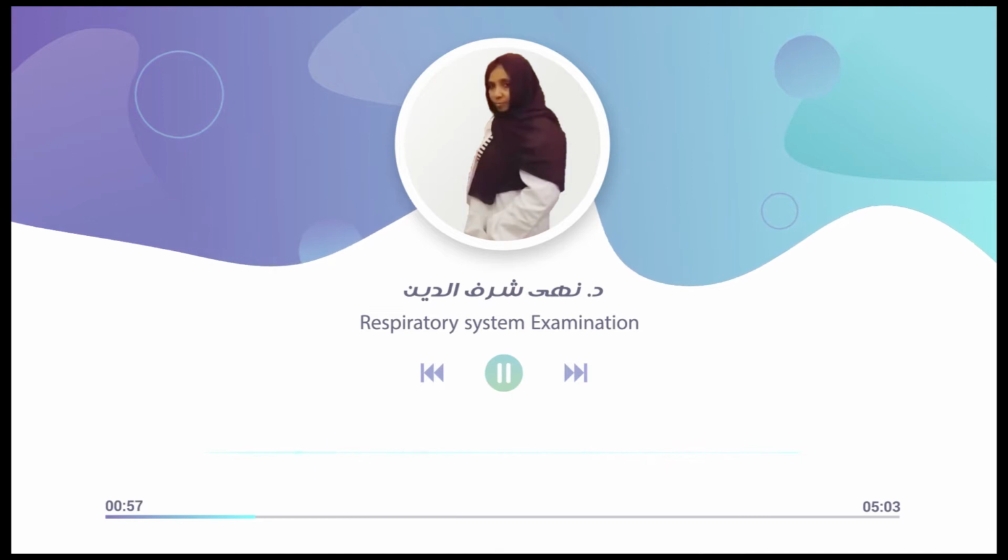In the general look, you look if the patient is ill or well, if the patient is dysmorphic, if the patient is in distress, if there are surroundings and accessories like an oxygen cylinder, if there is any pot beside the patient for collection of the sputum, if there is a cannula in the hand, and if the patient is lying flat or not. This is the general look of the patient.